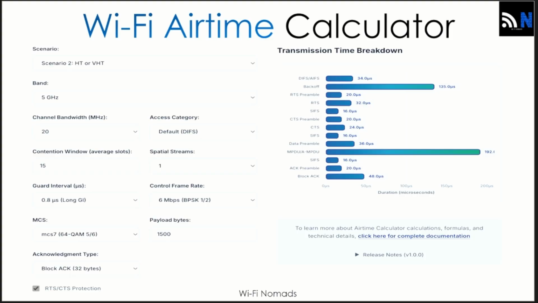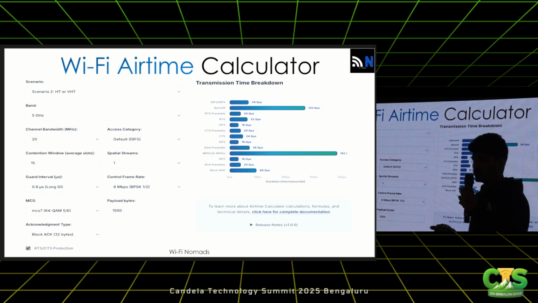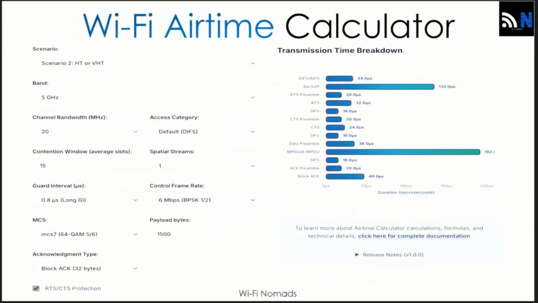Here you will have a lot of scenarios where you can calculate the airtime of HT, VHT, or HE MU frames, right? Here you provide the payload, how much payload you want to transmit, and it will calculate the overall transmission time.